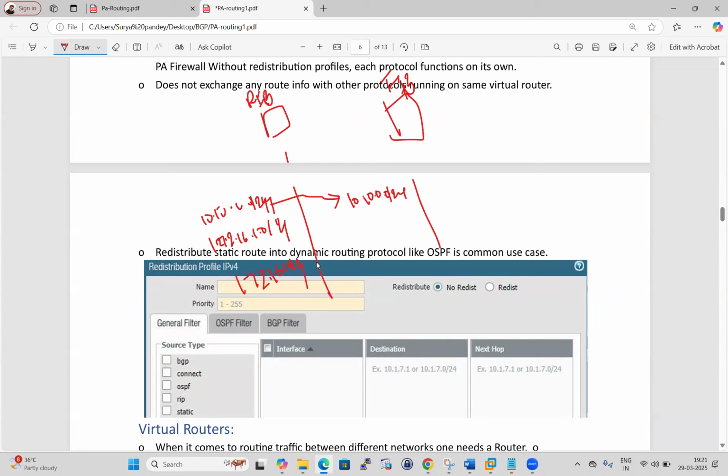How is it maintained in the FIB? It is maintained with the help of the lowest AD value. Whichever of them has the lowest AD value is put in the FIB. If the AD value is matching, it is chosen on the basis of the lowest metric. If the metric is also matching, it prefers the highest slash value.